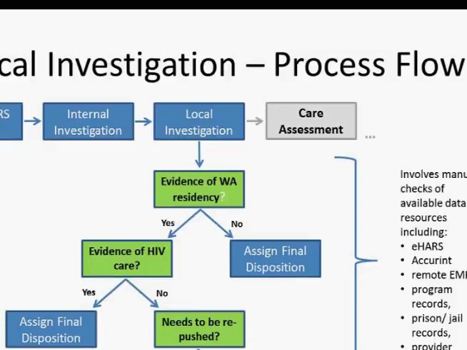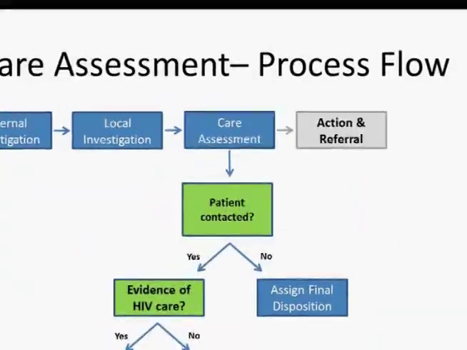If we cannot do that at the local level, then we contact the person and assess their care, and that includes field visits and every other modality that DIS are familiar with and routinely use.